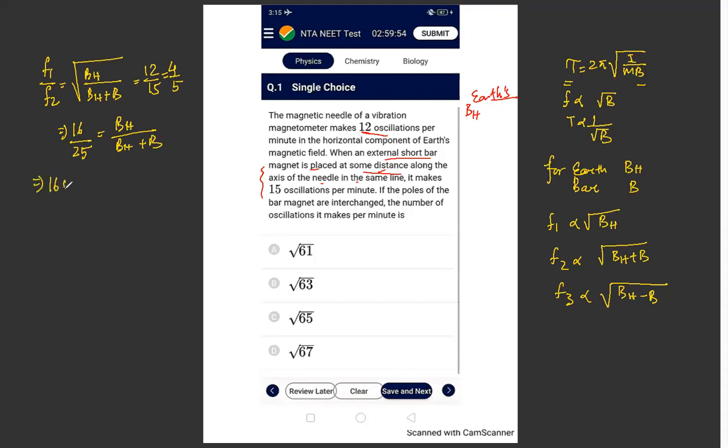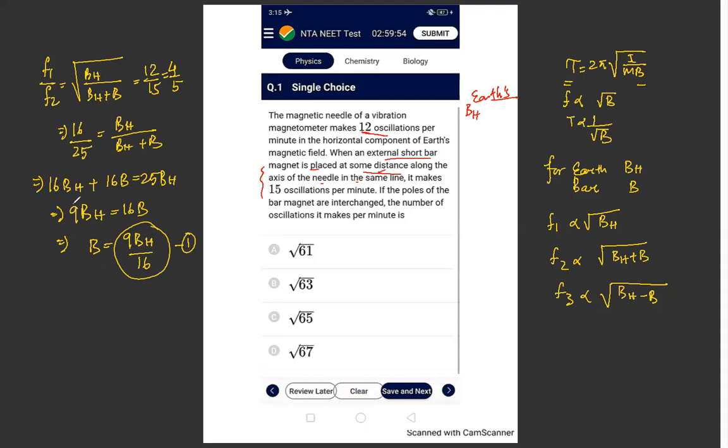So 16 BH plus 16 B is equal to 25 BH. So we can write 9 BH is equal to 16 B, and B is 9 BH by 16. This is one of the relationships that we got; let me write it as equation one.